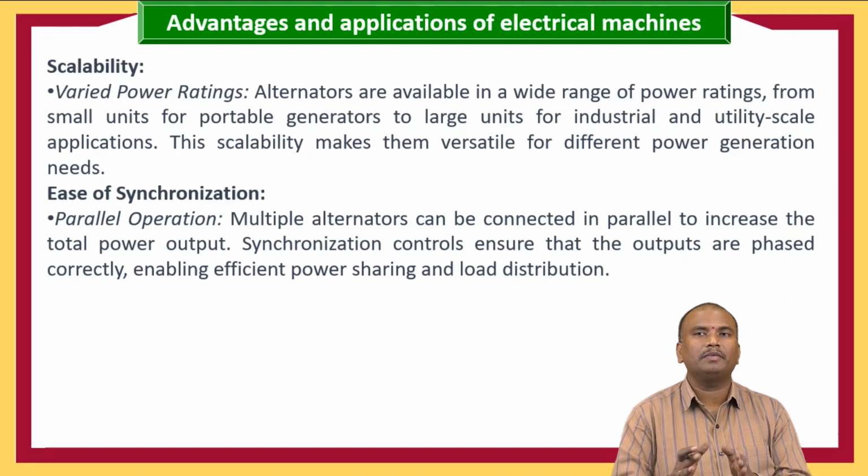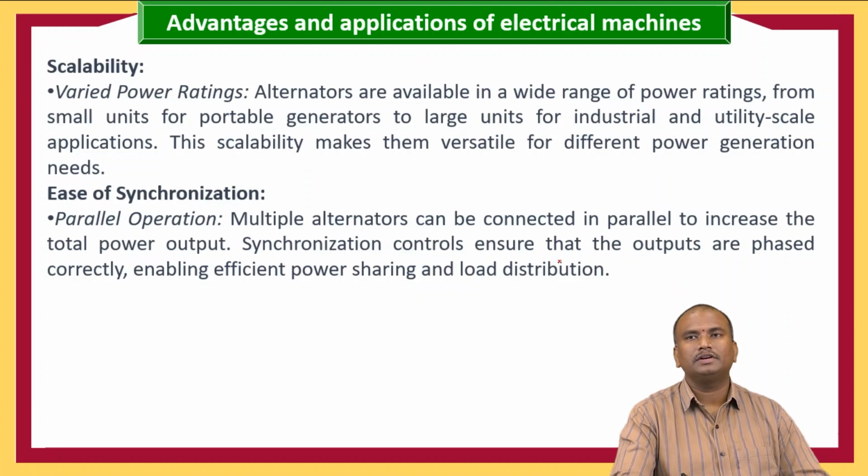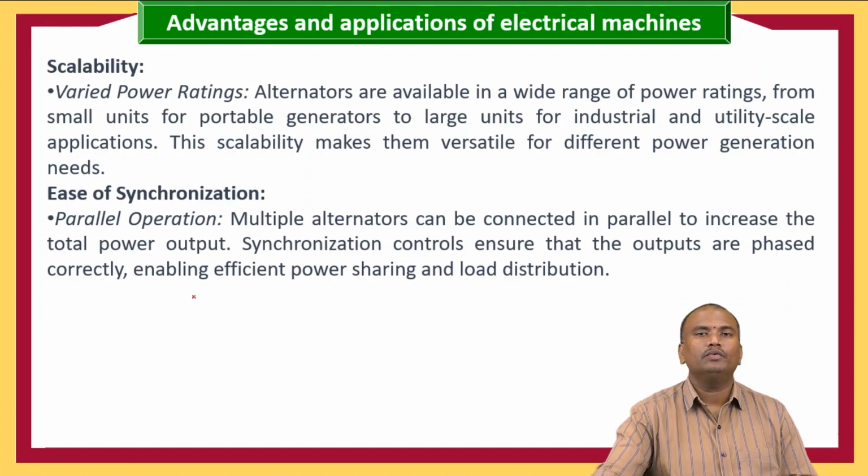That is nothing but synchronization, and this synchronization control ensures that the outputs are phased correctly. We need to maintain the RYB phase sequence with 120 degrees phase displacement perfectly, which enables efficient power sharing and load distribution.